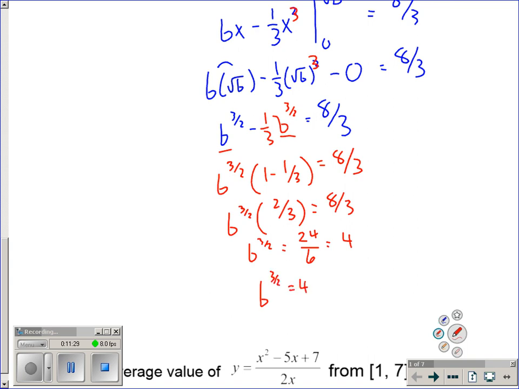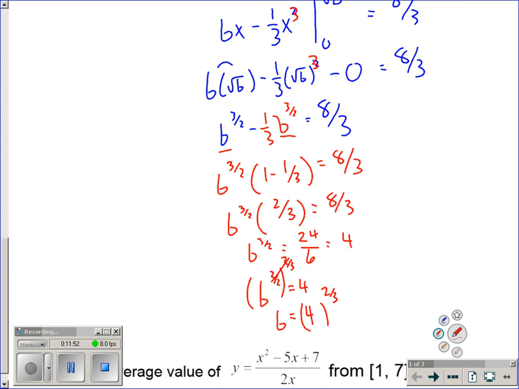Well, then you could just raise both sides to the 2/3 power, which crosses that out, and then I got b equals whatever 4 to the 2/3 power is. And, I mean, what's that, the cube root of 16?